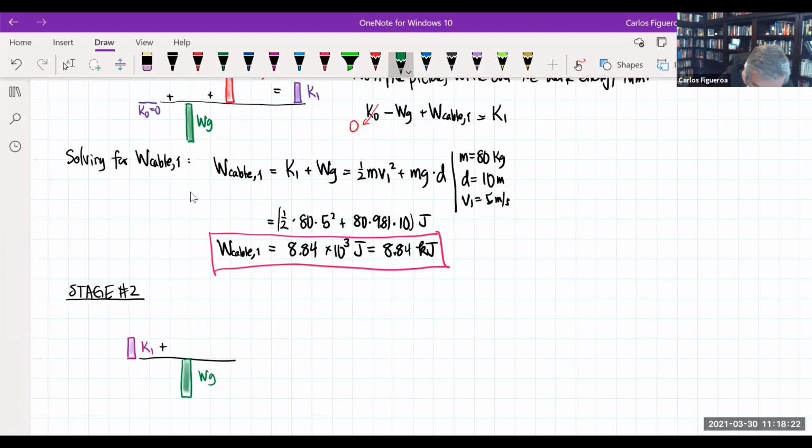Now, we saw here that the work of gravity is always negative because it's trying to decelerate the system. It's trying to reduce the energy of the system. So when I look at the work of the cable, these guys have to balance out, because we know that there was no change in energy of the system here.